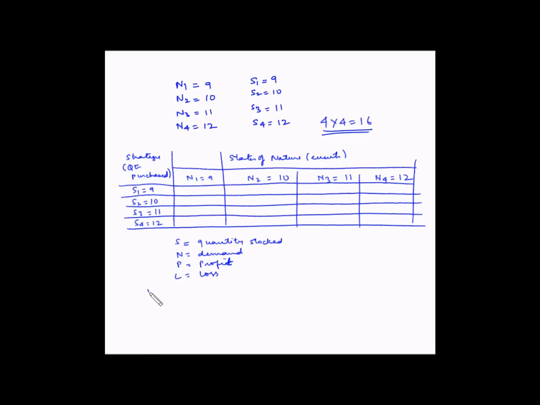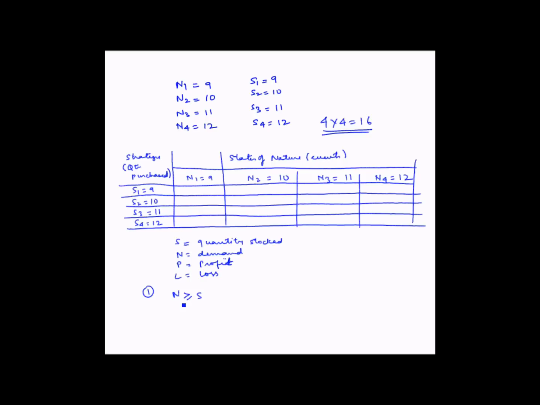So the first scenario is that the demand is greater than or equal to the quantity stocked. So N is greater than or equal to S. So if our demand is greater than the quantity stocked, basically we'll be able to sell all the magazines.